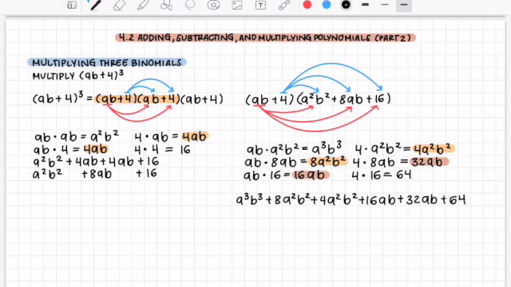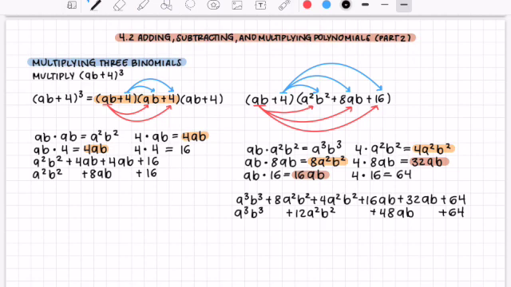So when I combine the like terms together, I get a cubed b cubed, this becomes positive 12a squared b squared, then positive 48ab, and I just drop down the 64. And that would be your final answer after multiplying all three.